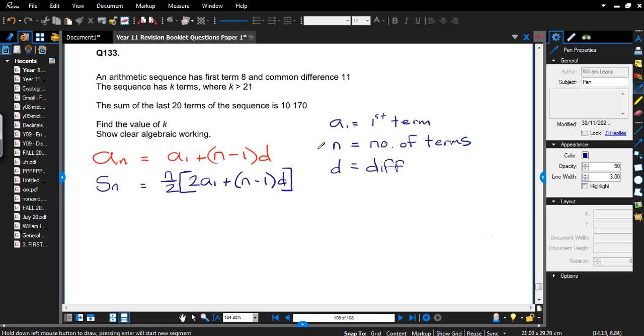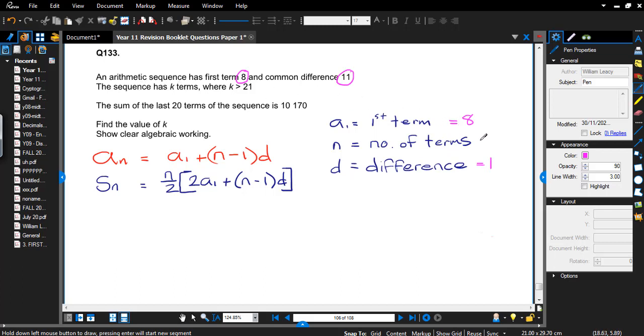Because this is arithmetic, or linear, you're going to have the same difference each time. We're told the first term is 8, so a_1 equals 8. The common difference is 11, so d equals 11. The number of terms is k.